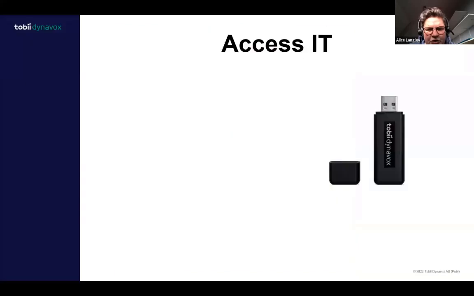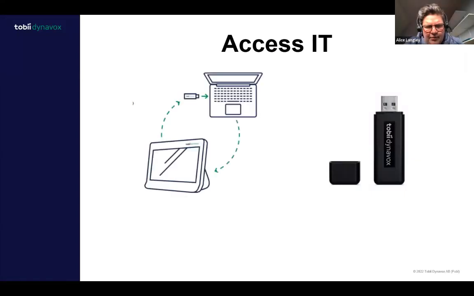Next, I want to talk about the Access IT, and I don't know if this is something that anybody has seen before, but I'm going to try my best to explain it. And again, I've got a couple of videos. It's basically a little dongle that allows you to control another computer with your communication device.